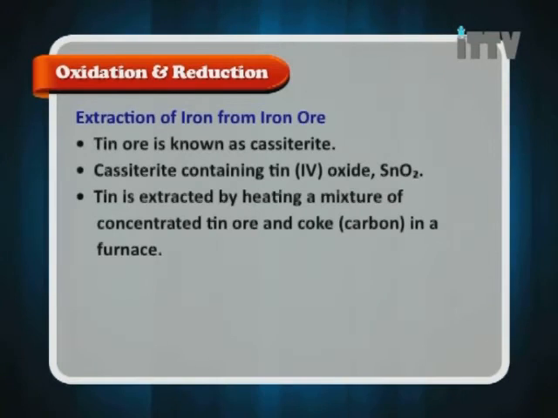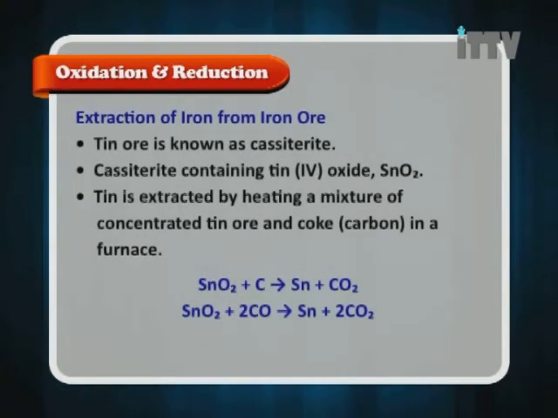So tin is extracted by heating a mixture of concentrated tin ore and coke in a furnace. The reaction that happens would be tin oxide can react with carbon to produce tin and carbon dioxide, or tin oxide can also react with carbon monoxide to produce tin and carbon dioxide.